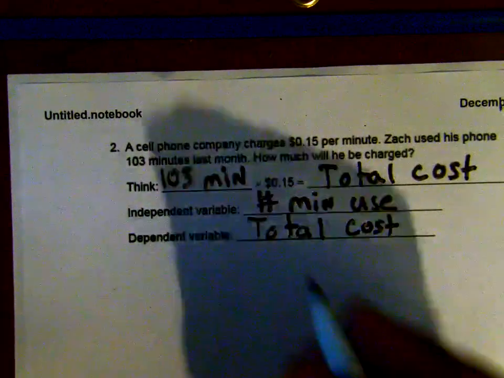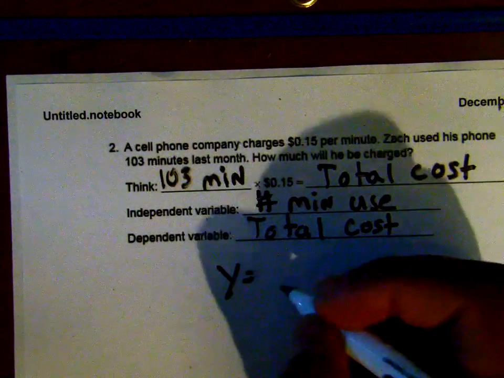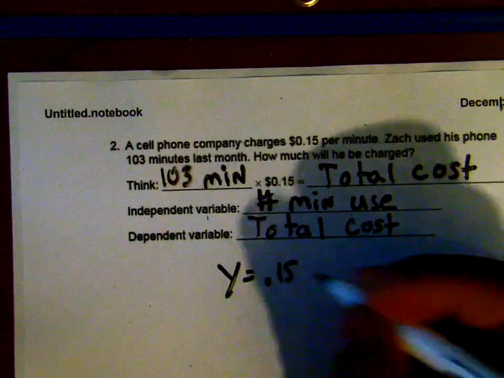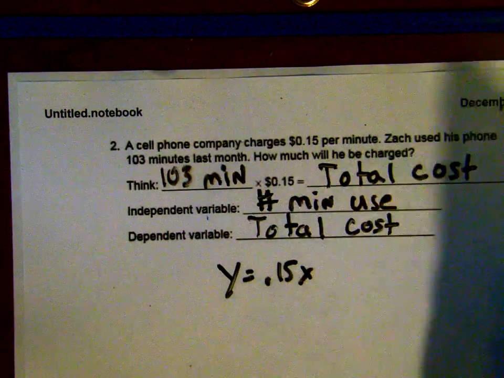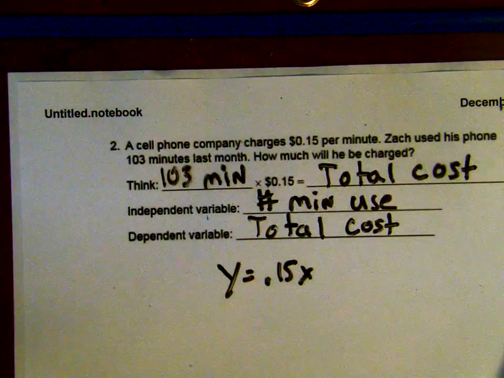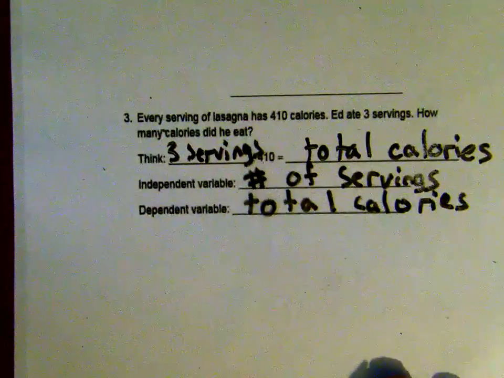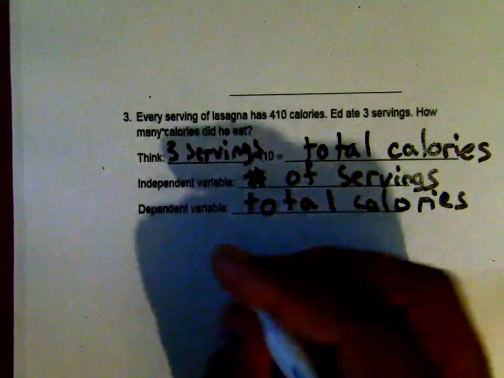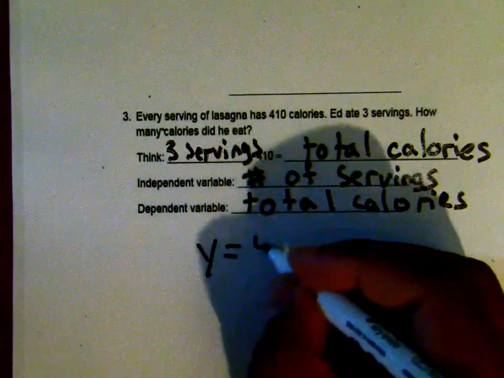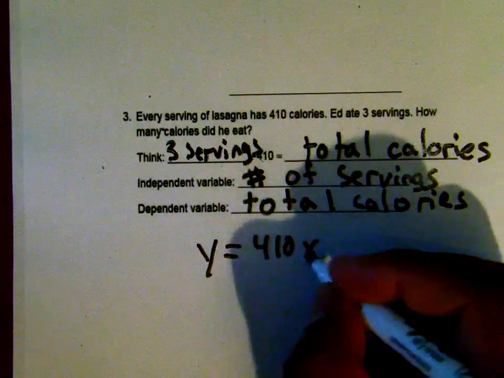If we look at the other ones here, this would be y is equal to 15 cents times x. And this one would be y is equal to 410 calories times x.